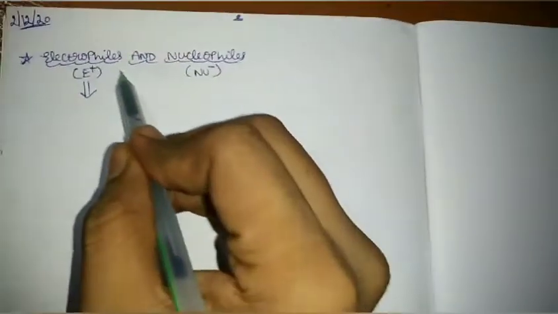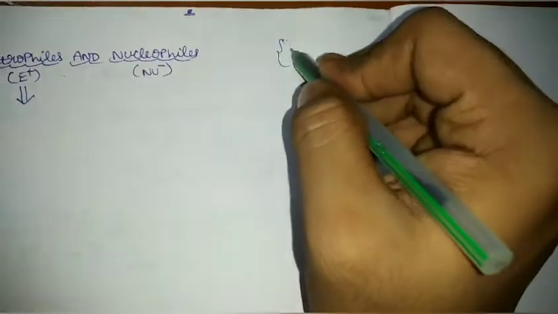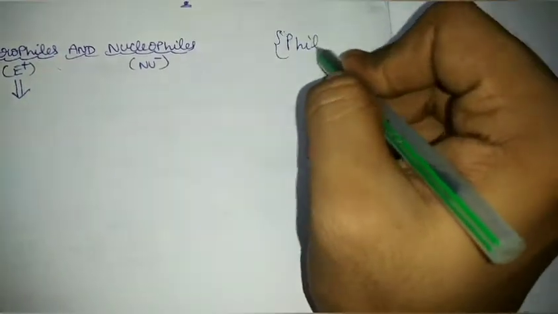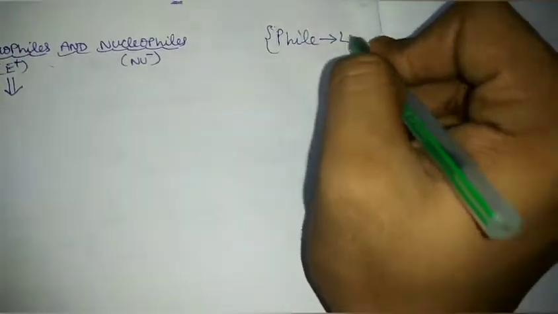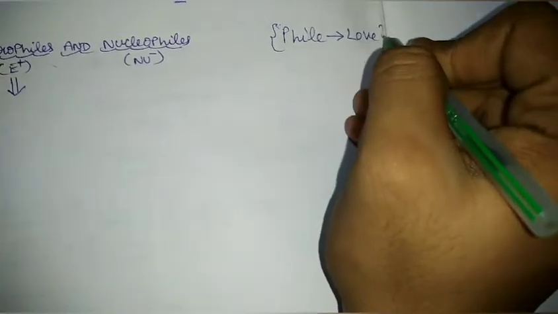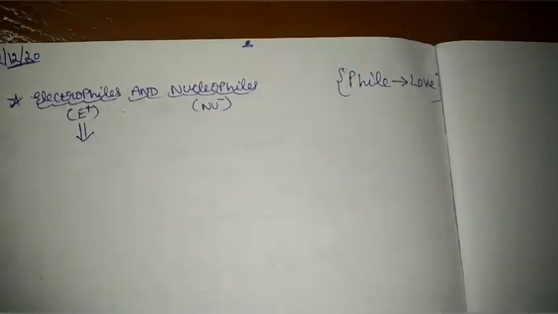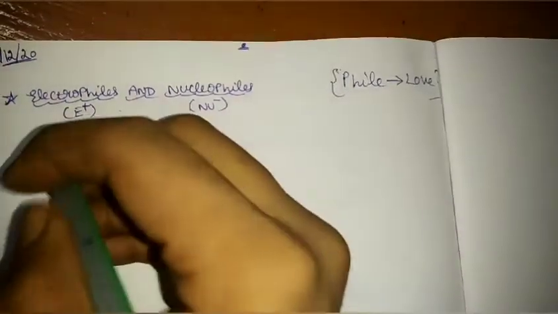If you take electrophile, phile means what? Phile means lover, like it means love, okay. Phile refers to love. So electrophile means electron lover, okay. It needs electron, it loves electron, so it is called electrophile basically.